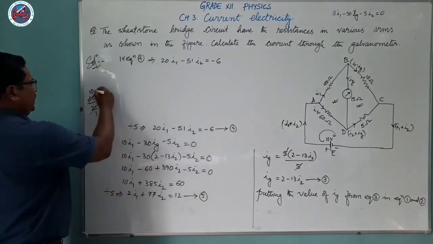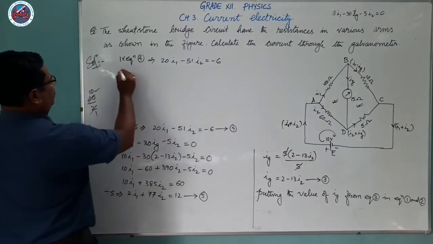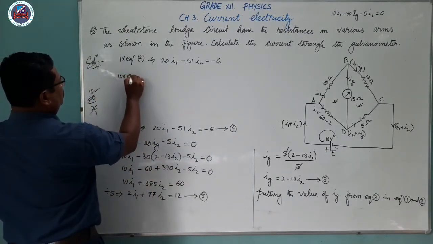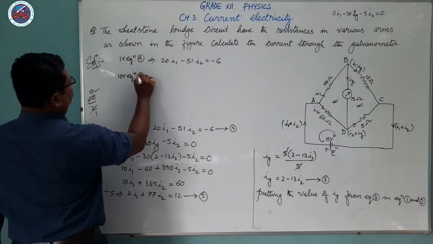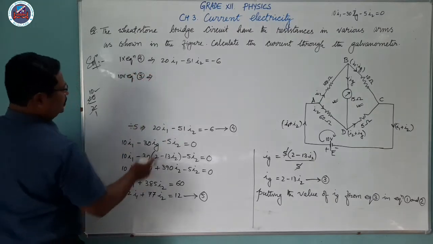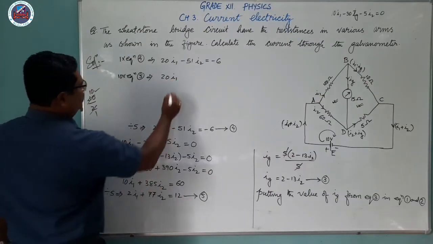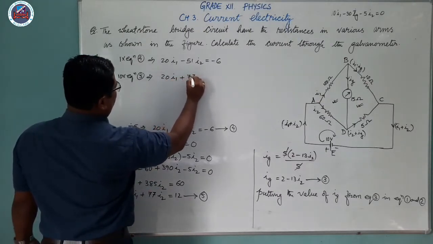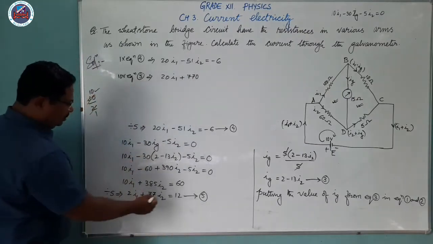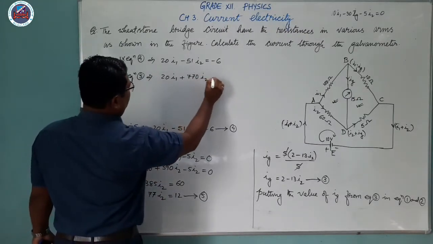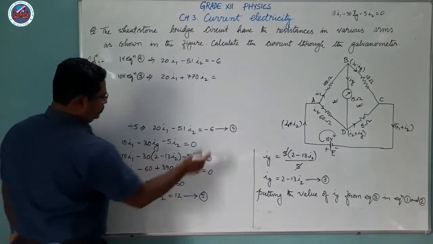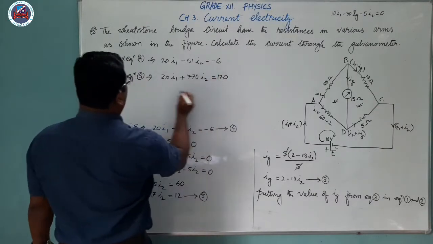And then with 10 we multiply equation number 5. 10 into equation 5: 10 2s are 20 I1 plus 77 into 10 is 770 I2 equal to 10 into 12 is 120.